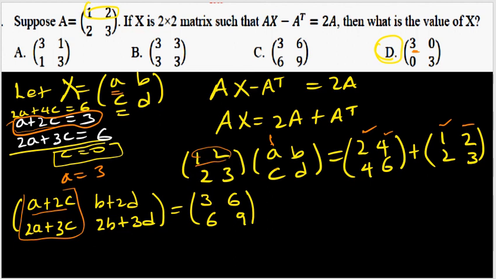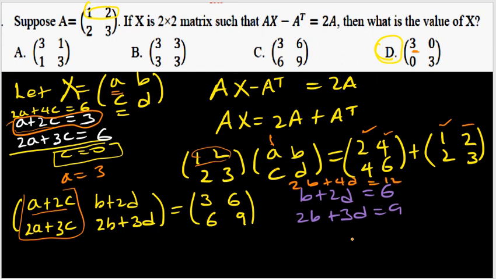And go on for the next one: b plus 2d is equal to 6, and 2b plus 3d is equal to 9. Then multiply the first equation by 2: 2b plus 4d is equal to 12.